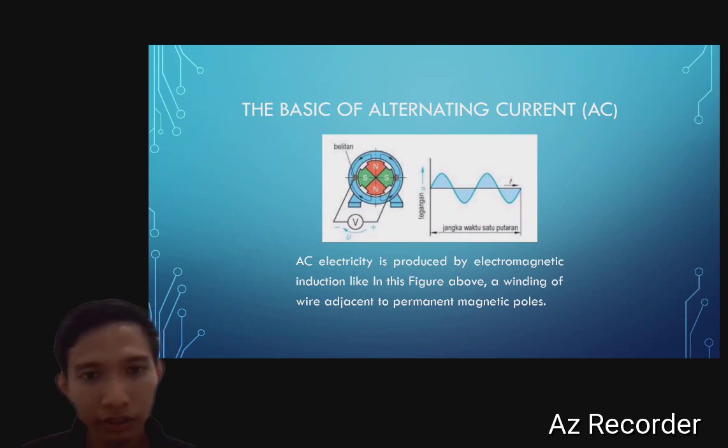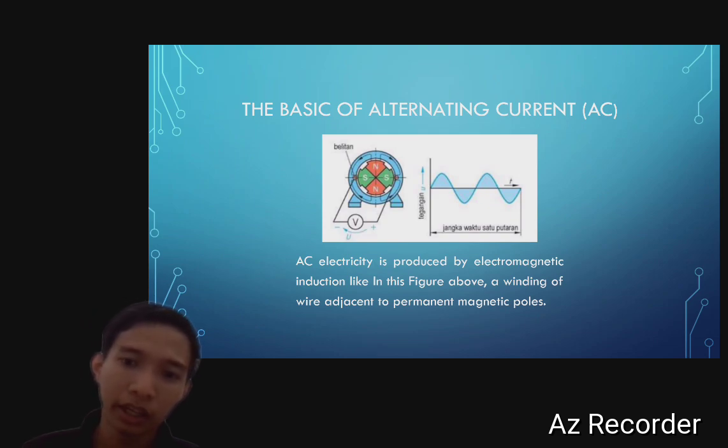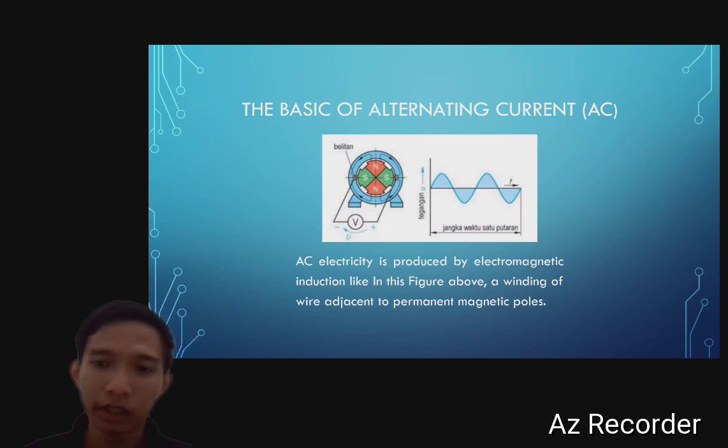In this case, we have a rotating magnet with a stationary winding around the magnetic poles, and the magnet has north and south poles. The magnetic wave is interrupted by the winding, which makes an alternating, back and forth current, called an AC current.